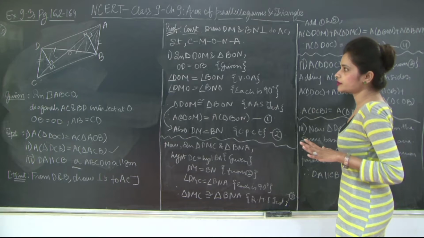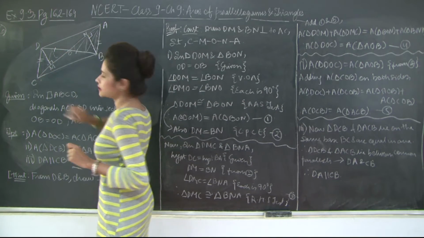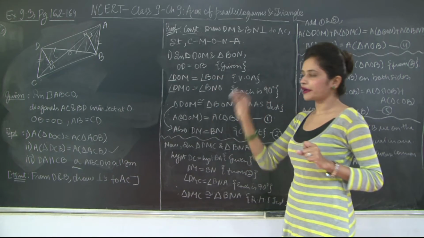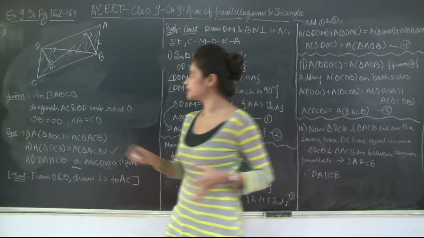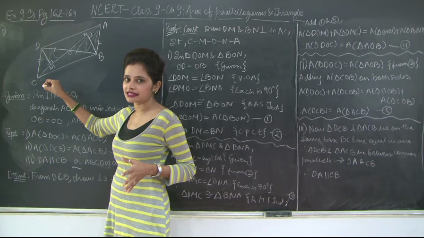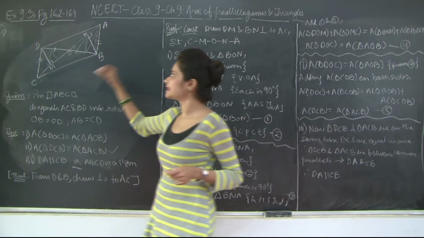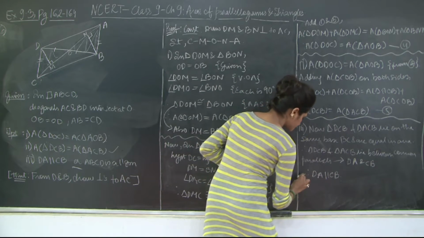They are congruent to each other. Therefore, what can I say? That OA is equal to OC. So, if you notice, the diagonals are getting bisected at point O. So, what do we know for a parallelogram? That the diagonals bisect each other. Since for quadrilateral ABCD, diagonals AC and BD are getting bisected at O, I can say that ABCD is a parallelogram. So, let's write this down.